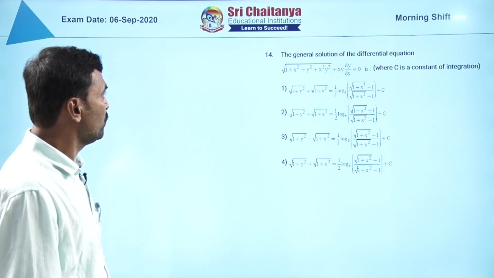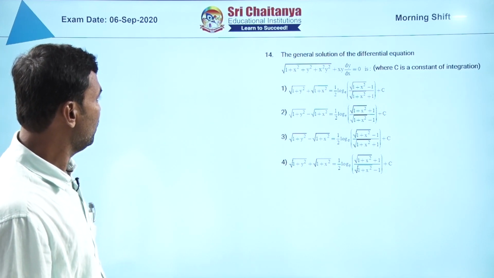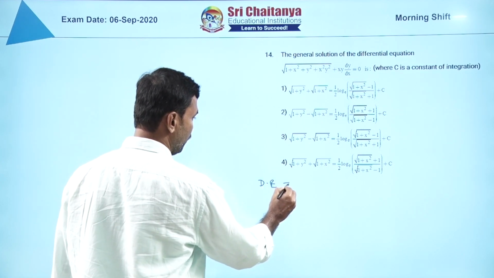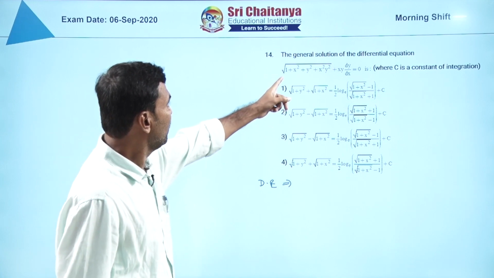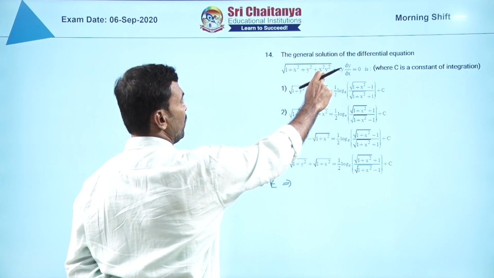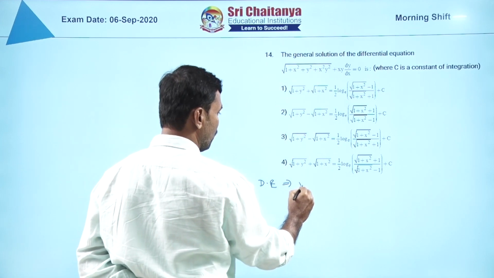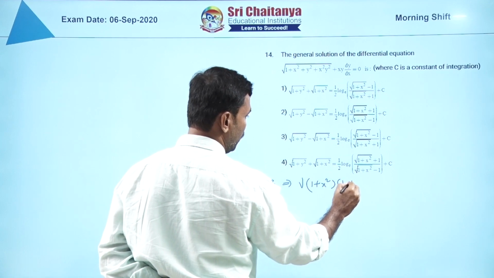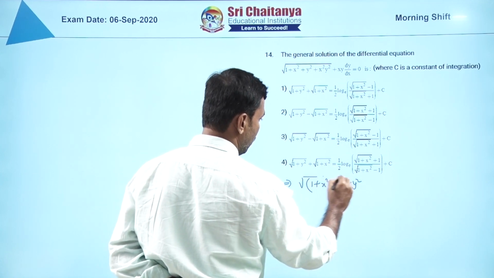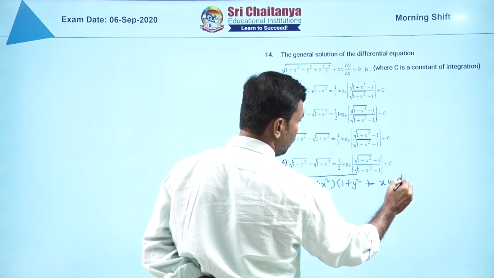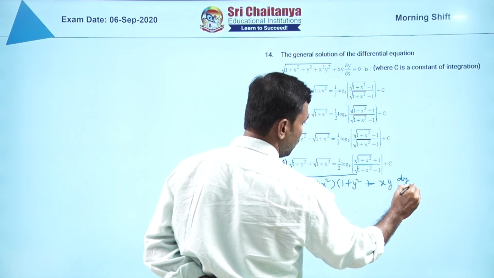Okay, this problem is from differential equations. I am just taking the differential equation. Given differential equation implies, see here 1 plus x square plus y square plus x square y square. Here I can factorize, and I will get square root of 1 plus x square into 1 plus y square plus xy dy by dx is equal to 0.